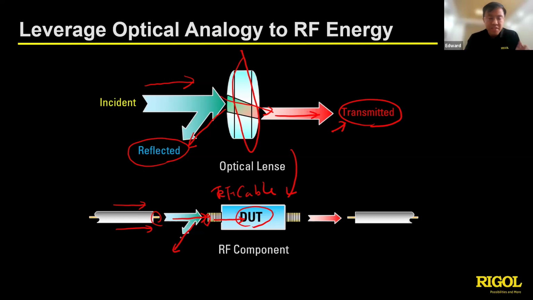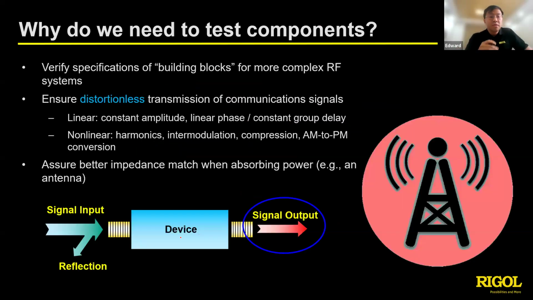Okay, so the equivalent methodologies and infrastructures can be leveraged for both optical and RF microwave. Yeah. So why do we need to test components?